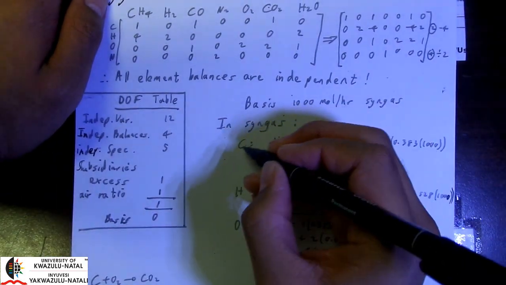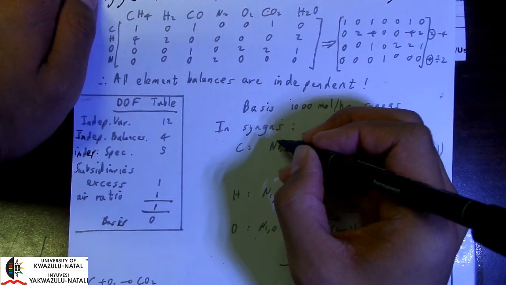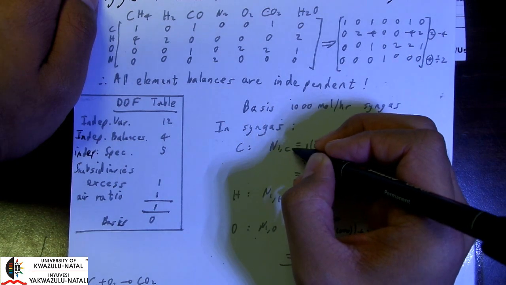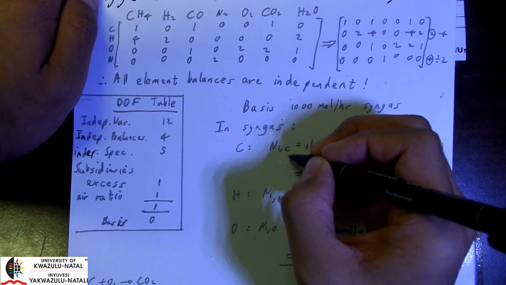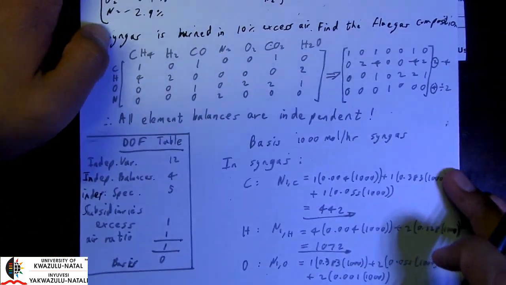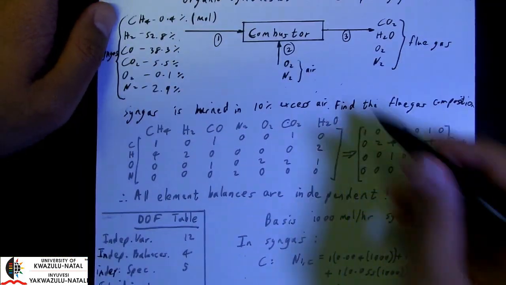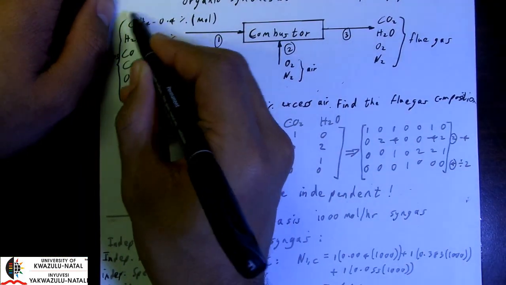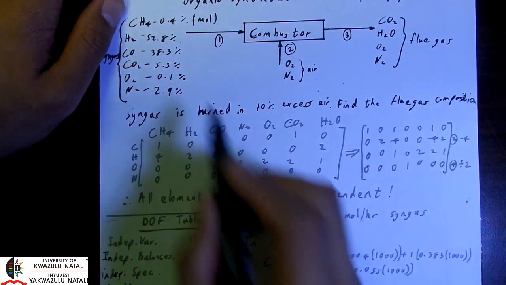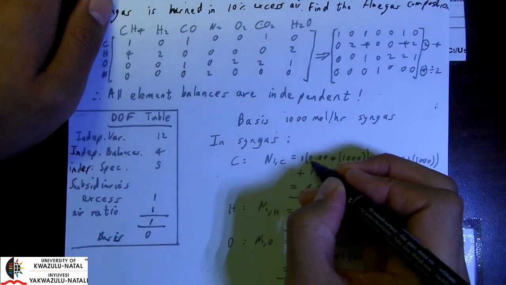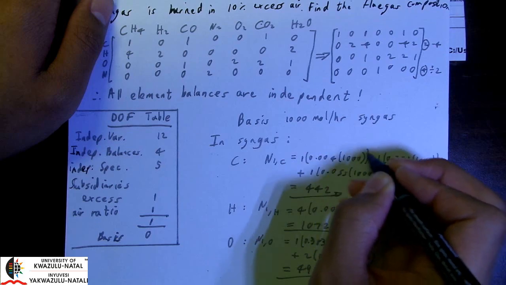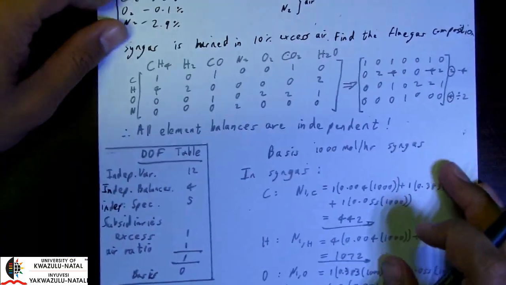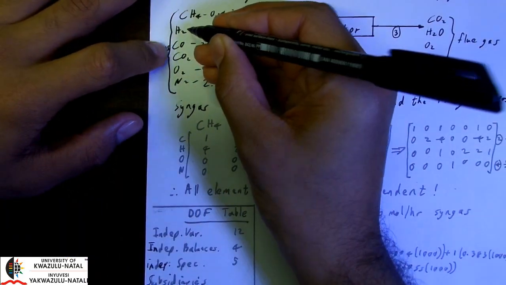So looking at our number of carbon atoms, the moles of carbon in stream 1 include my moles of carbon in CH4, which is 0.004 times N1. Okay, there's no carbon in H2.